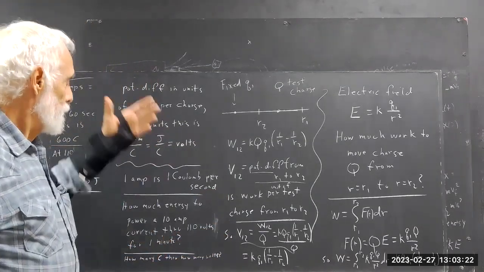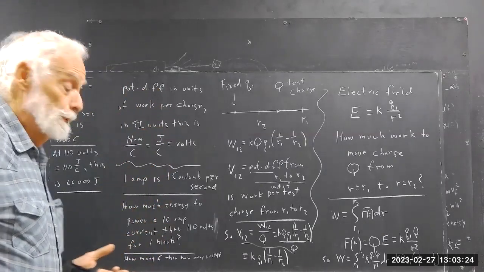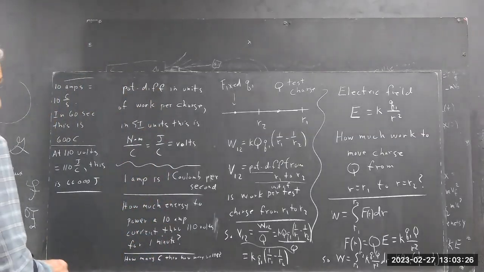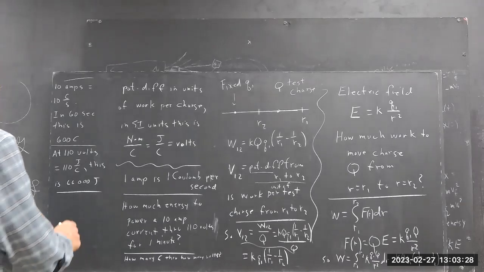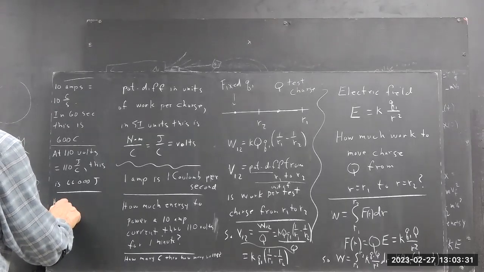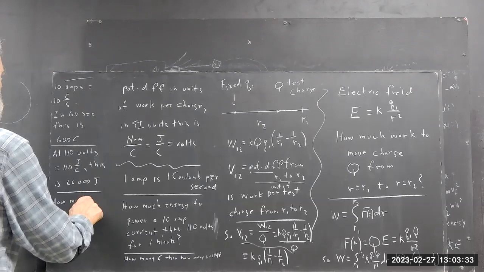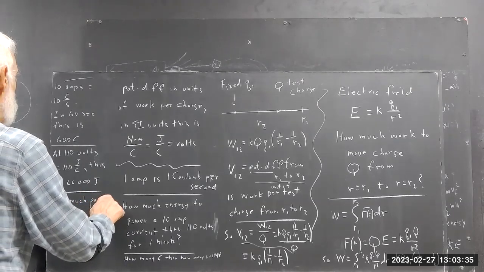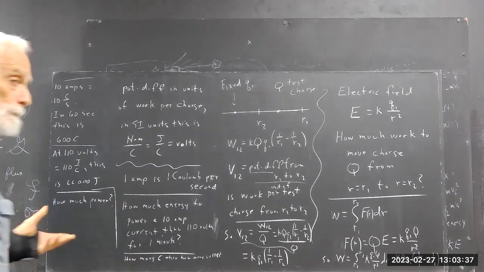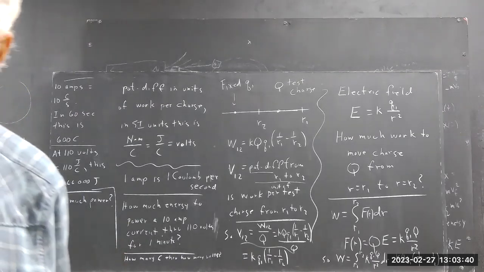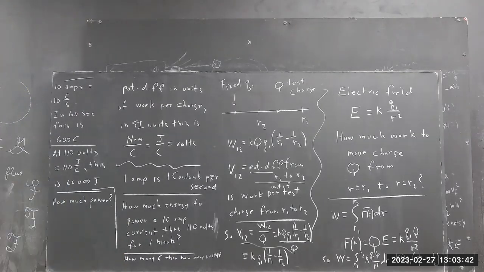Okay. In symbols, well, it's simple. Let's ask how much power. Okay, everybody either got it or close to it. Power, of course, is amount of work per unit of time.